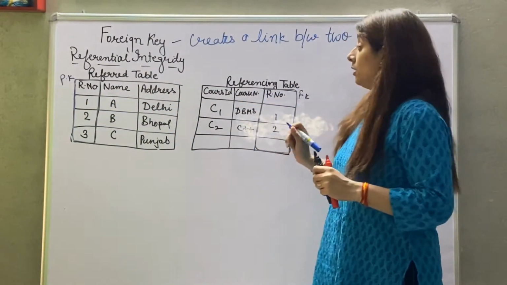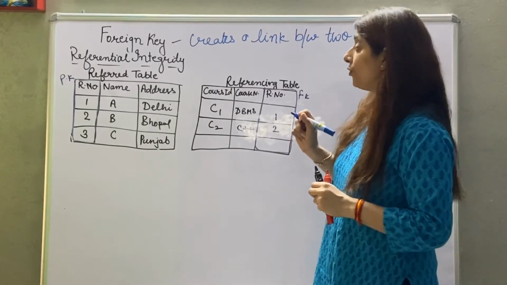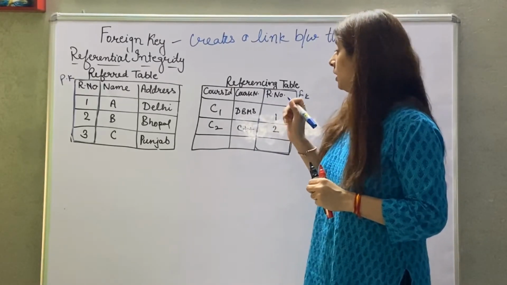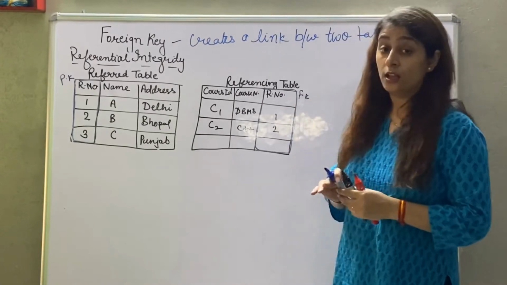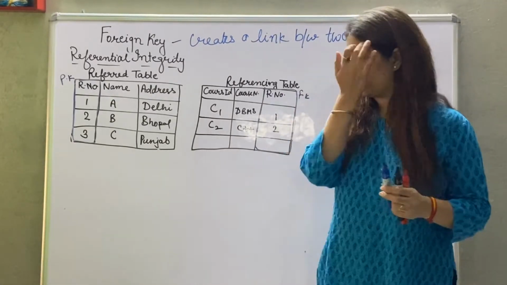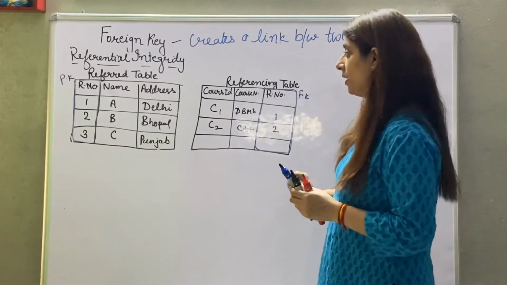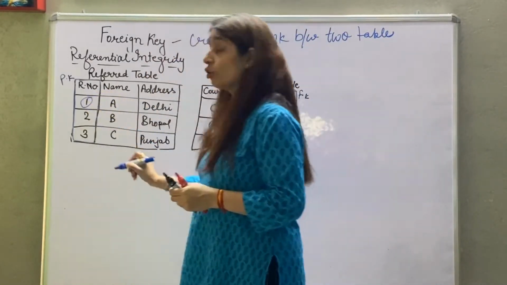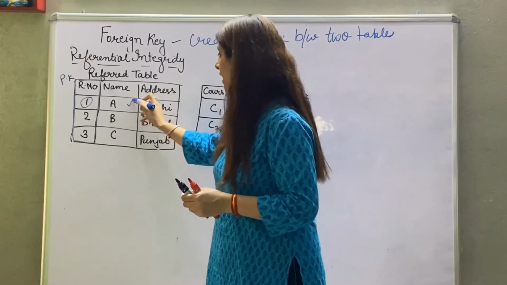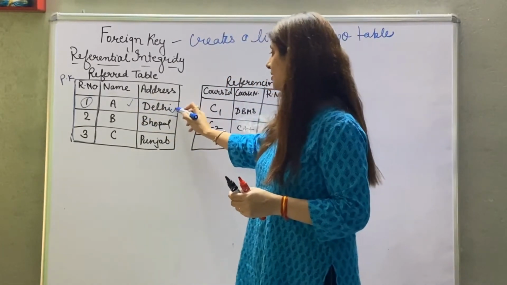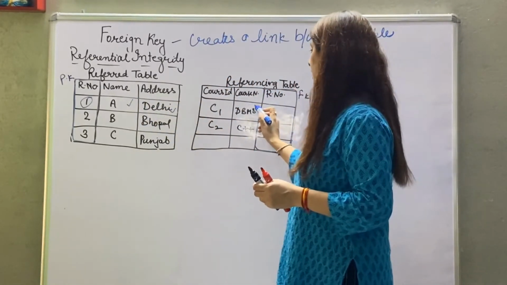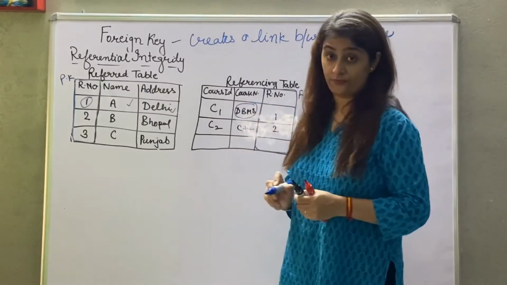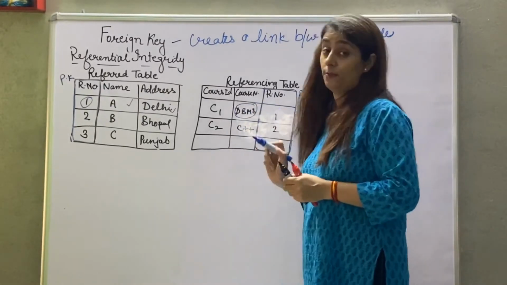Now let's understand the table here. Roll number 1, whose name is A, has this address, and he is studying the course DBMS.